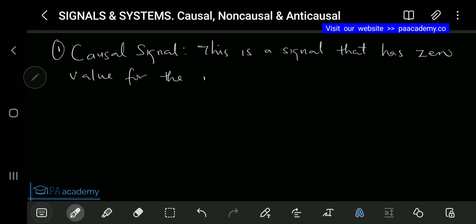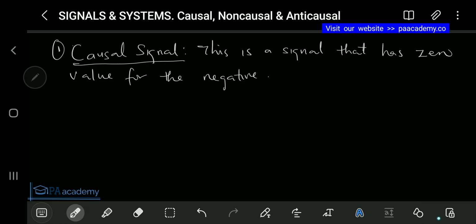By definition, a causal signal is a signal that has zero value for negative time. If you have to define what a causal signal is, it is a signal that has zero value for negative time. Now let's do a drawing of it so that you can understand it better.